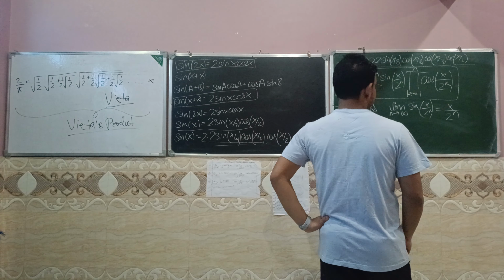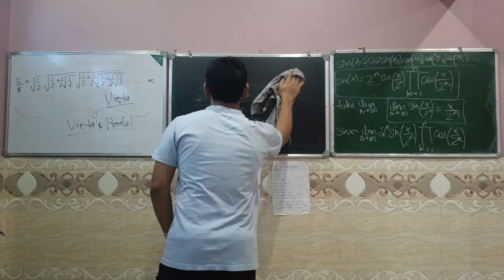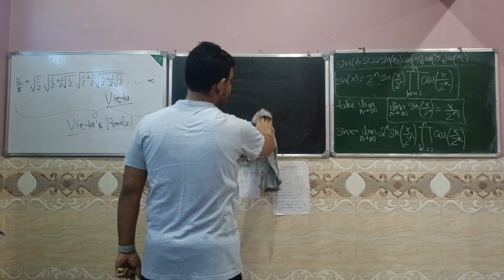So I'm just going to replace it when I take the limit: the limit as n tends to infinity of 2 to the n, sine of x over 2 to the n, times the product as k goes from 1 to n of cosine of x over 2 to the k. As I mentioned earlier, 2 to the n diverges if you take the limit.